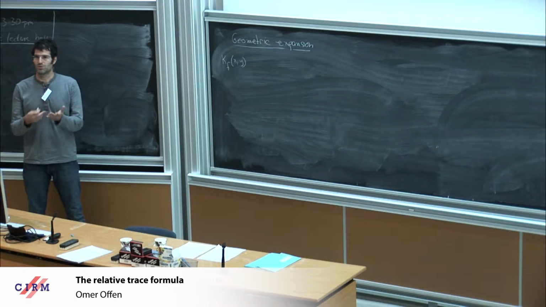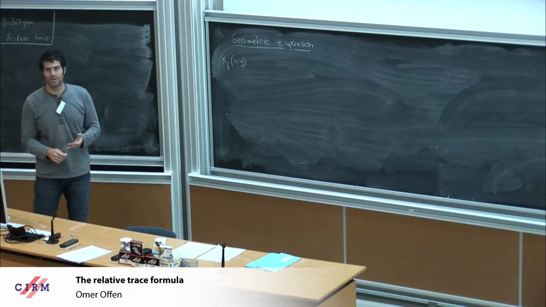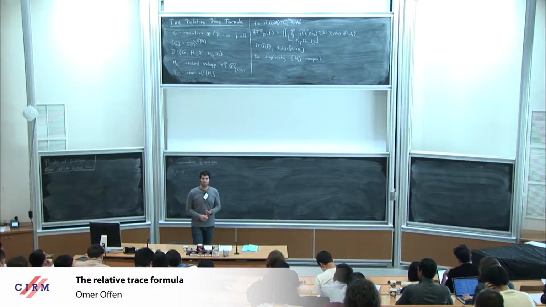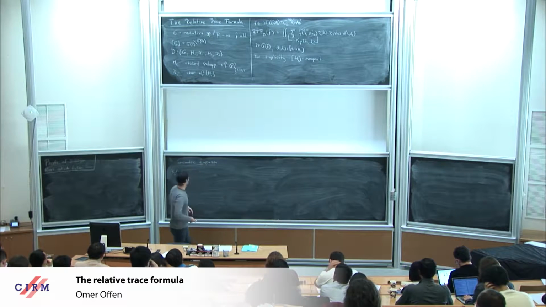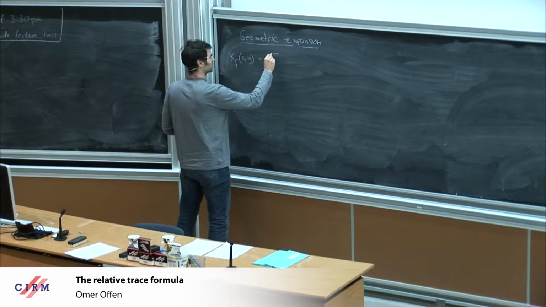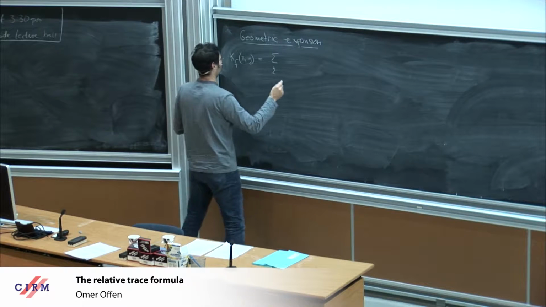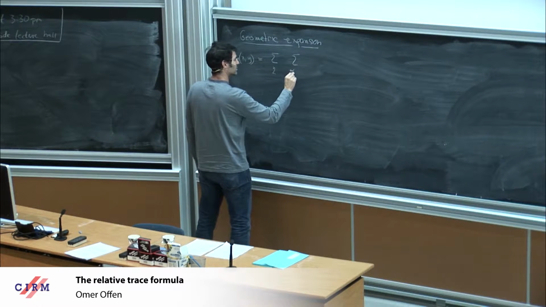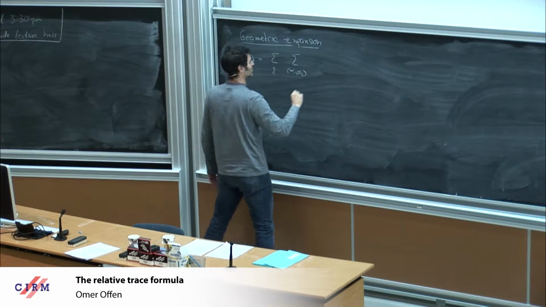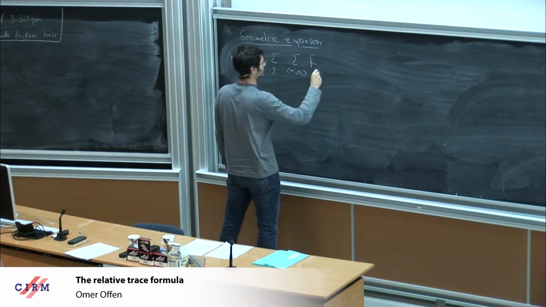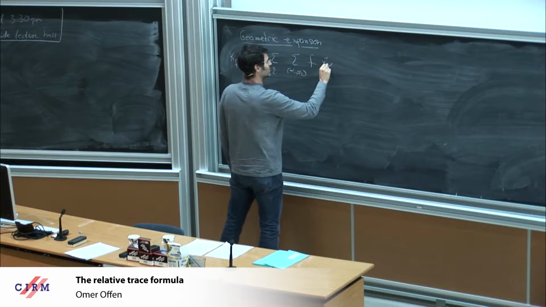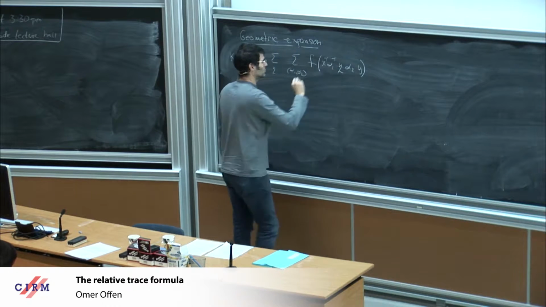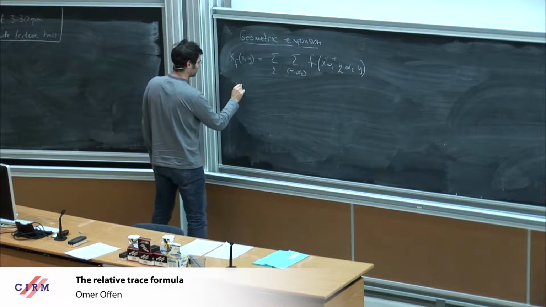It's a sum over G, then you can divide this sum into any disjoint union of sets that give you all the rational points. So we instead expand it along double cosets. So we can write it as a sum over eta of, and let's say a sum over alpha 1 and alpha 2 of f of x inverse alpha 1 inverse eta alpha 2 y, where eta is summed over double cosets.